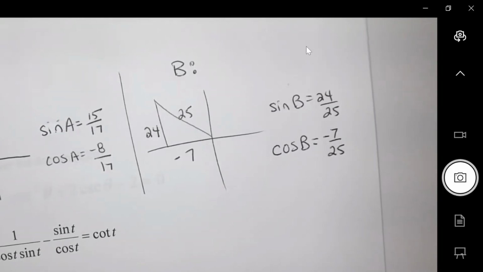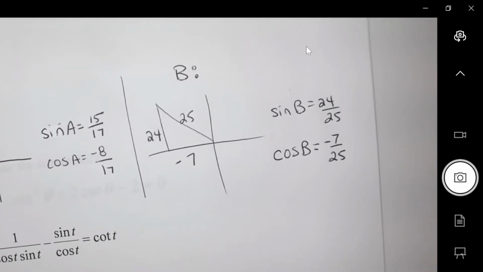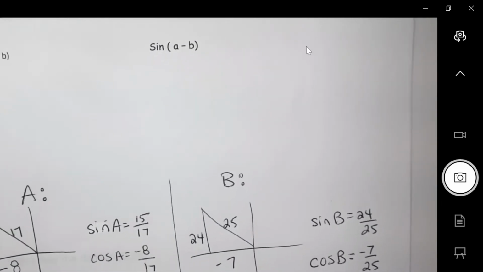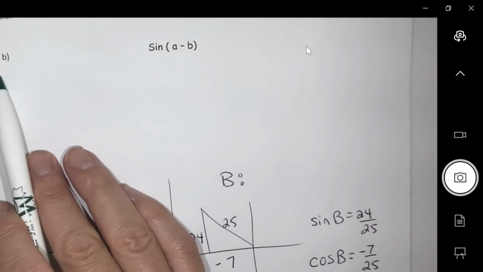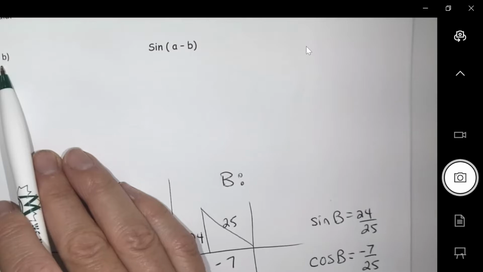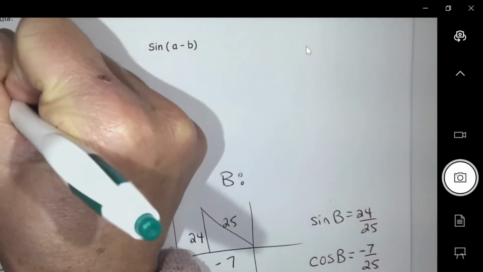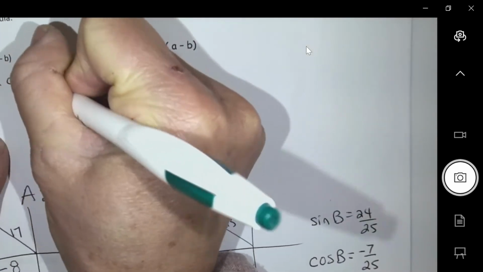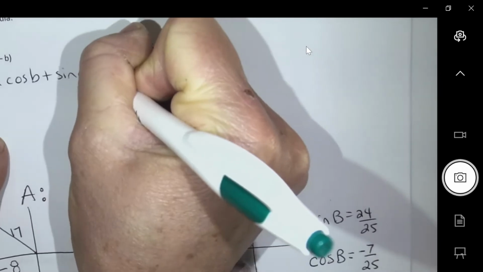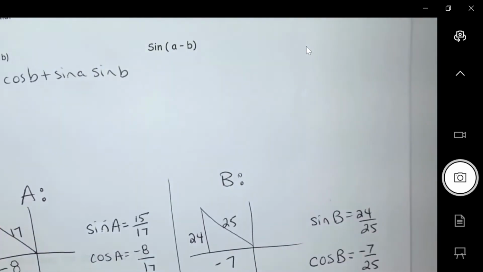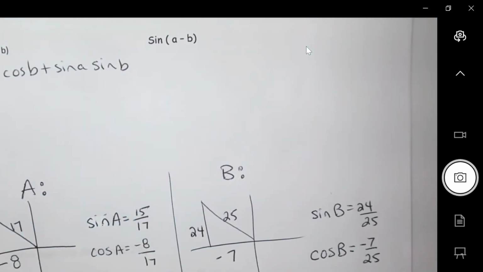Okay, all that was just background work, and all that was from Unit 1. So now let's figure out what to do with that. Okay, so the formula is cos A minus B. So I got my formula sheets, and cos A minus B says... So I'm just going to copy that formula down.